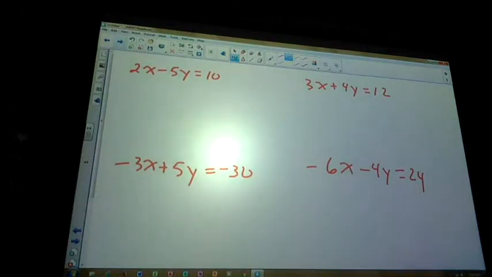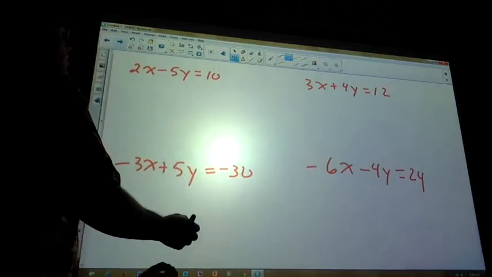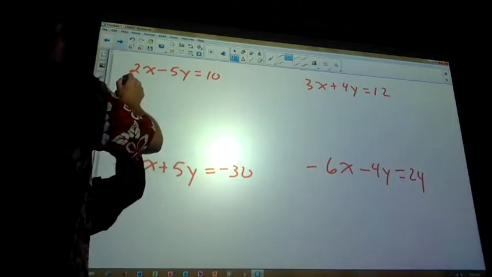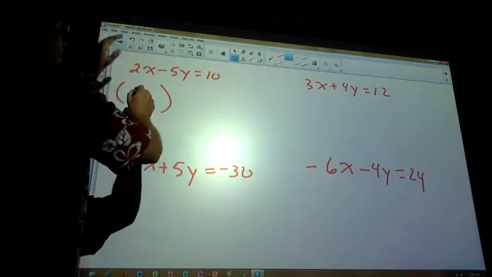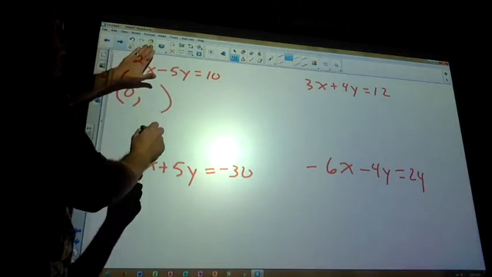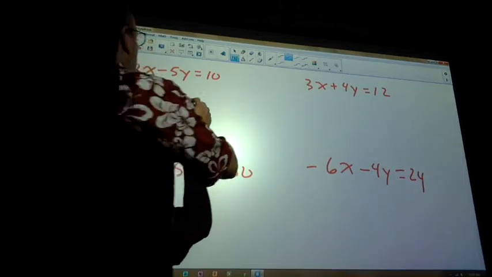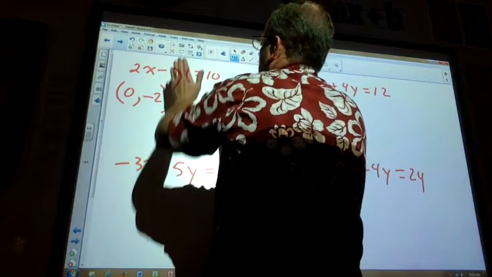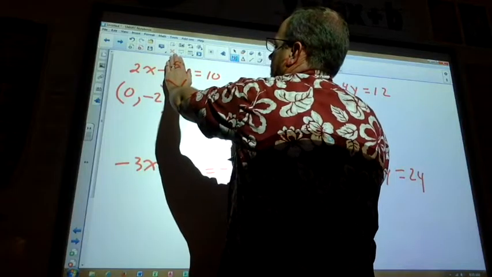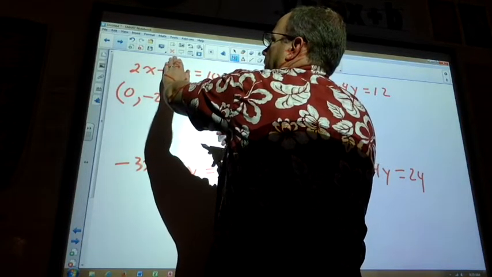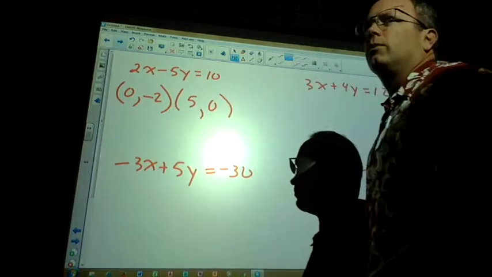All right. So if I use the cover method here, if I cover up the x, I'm putting 0 in for x. So what does y equal? -2. Good. If I cover up the y, that means I'm plugging 0 in for y. So what does x equal? Yep.